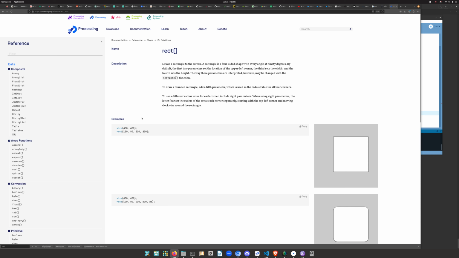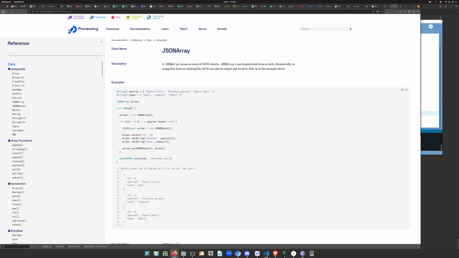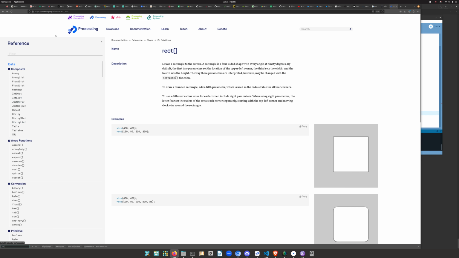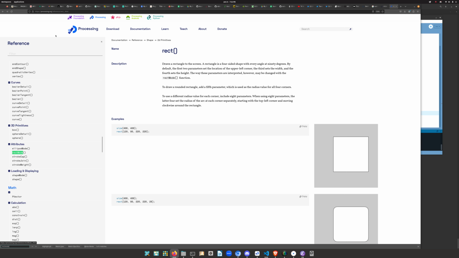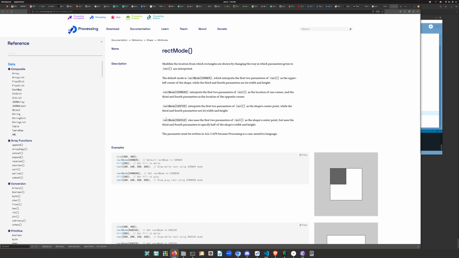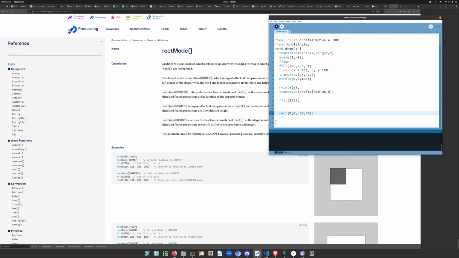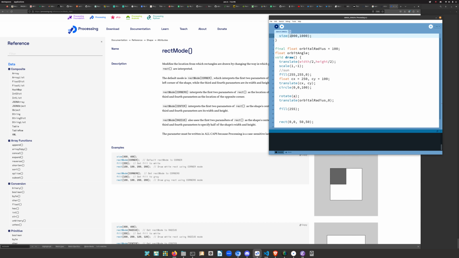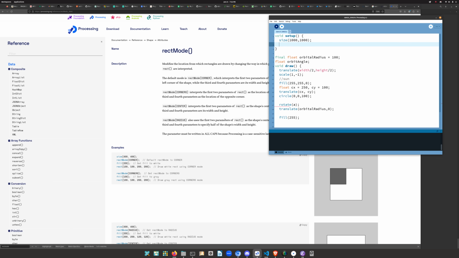Okay, rectMode. They don't let me click on that? That's annoying. Back up. rectMode. rectMode CENTER. Okay. So we're just going to call this one time so rectangles are centered.